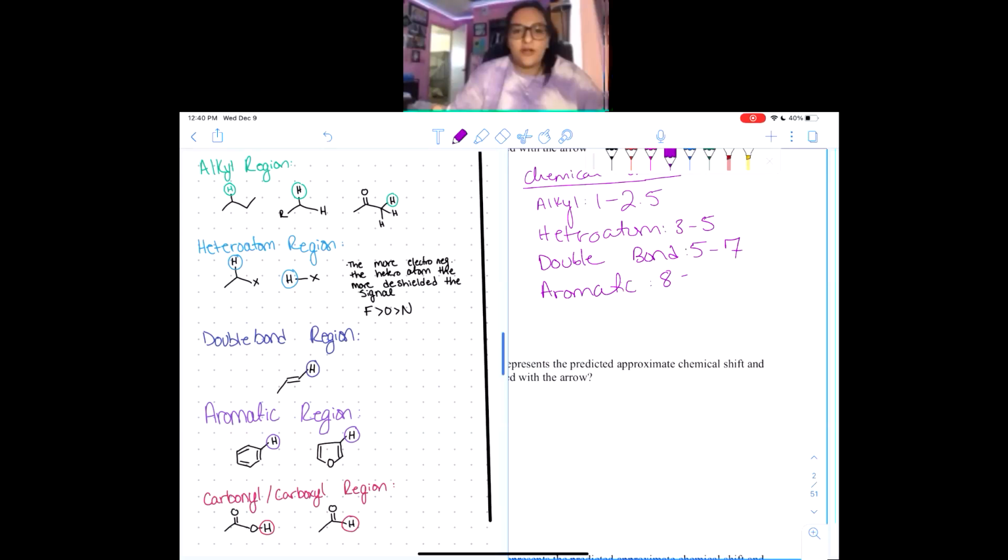And then, or no, I think we do say 9. Sorry. Around that region. Once you get to lab, those numbers shift a little bit. But for lecture, we'll say 8 to 9. And then the carbonyl region is from 9 to 12.